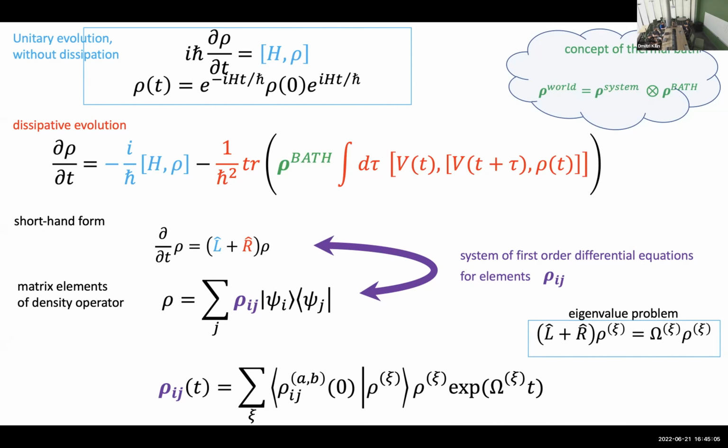So one can find eigenvalues and eigenvectors of this L plus R supermatrix, and then compose the solution based on them. So the lower line shows how the solution is composed for a specific initial condition. Because if you do not care about the initial condition, then we have an infinite number of solutions and we do not know which of them corresponds to real life.